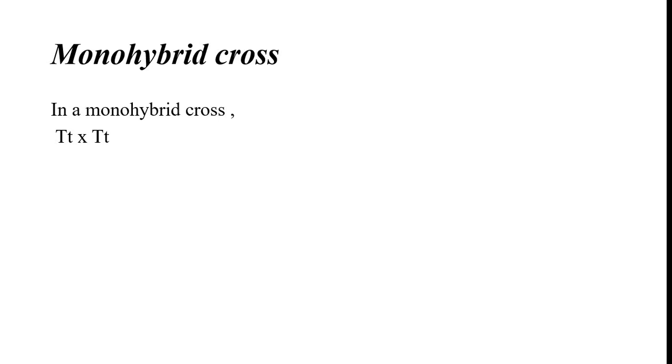So the monohybrid is capital T, small t. It means it's different at just one gene locus. If you take a cross between those two heterozygotes, we call it a monohybrid cross.